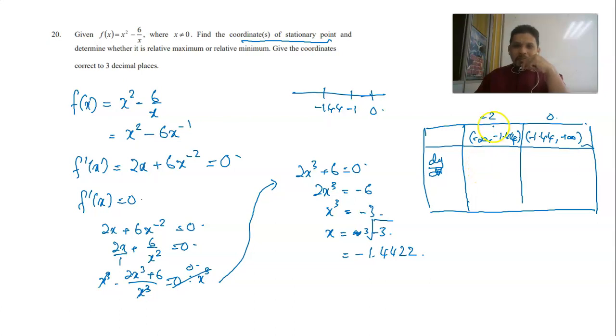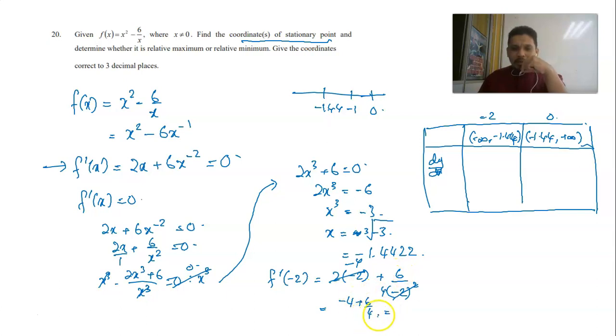Substitute into f prime x. So f prime negative 2, which is 2 times negative 2 plus 6 divided by negative 2 squared. Negative 4. Negative 2 squared equal to 4. So then negative 4, and positive 6 over 4, 6 over 4 or 3 over 2.